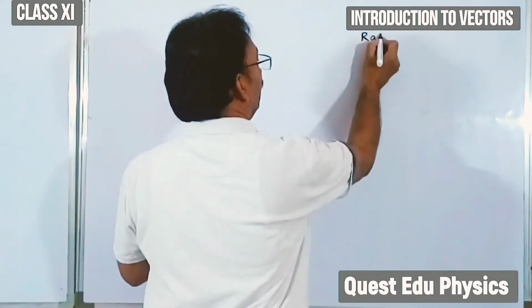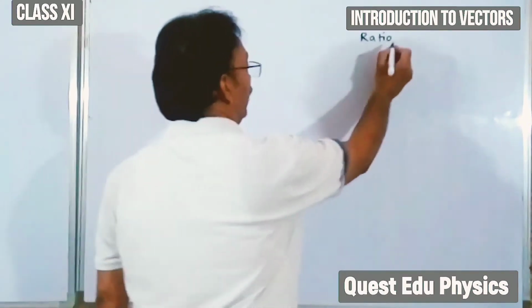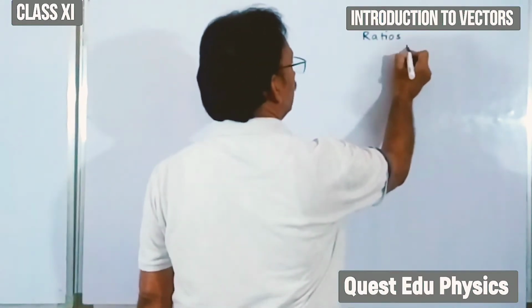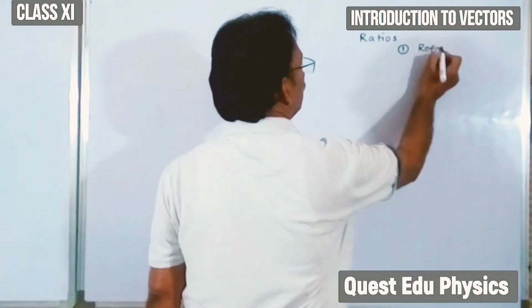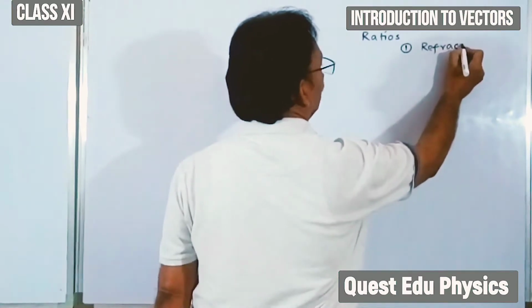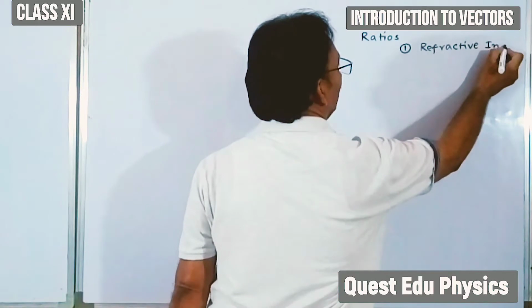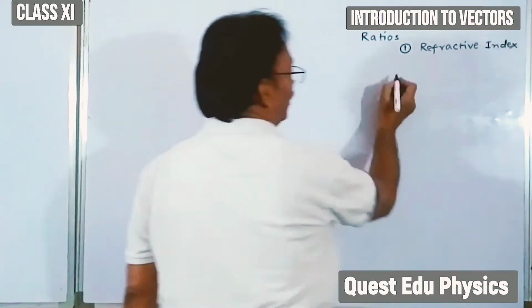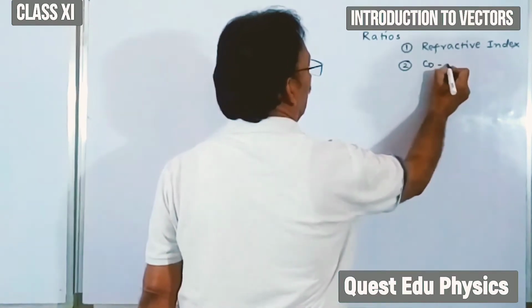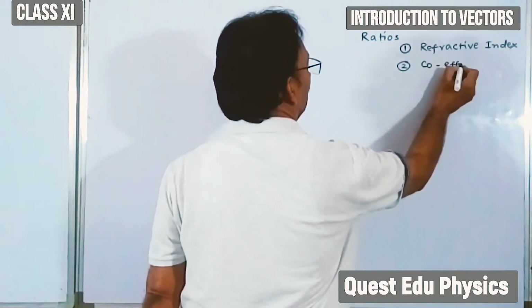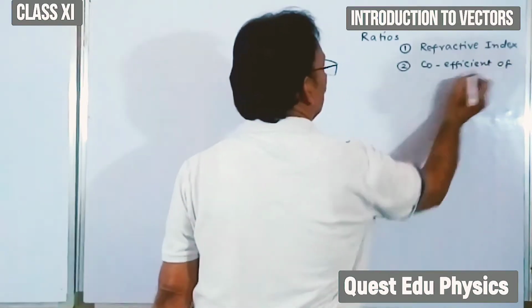Here in physics we come across many ratios. One very important one is refractive index. The second is coefficient of friction.